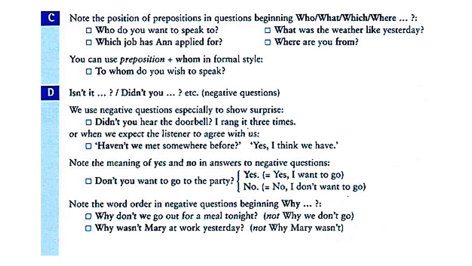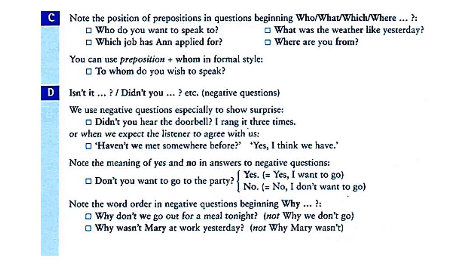We have something else. We have isn't it, didn't you, etc. These are called negative questions. We use negative questions especially to show surprise. We expect something and we are surprised when we receive unexpected or sudden information.